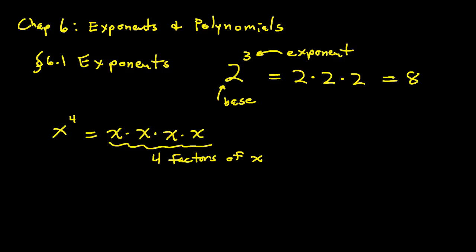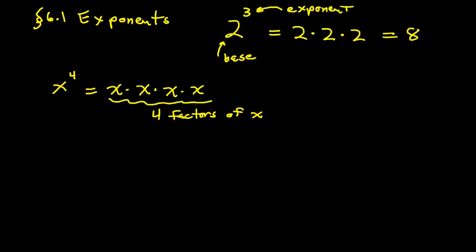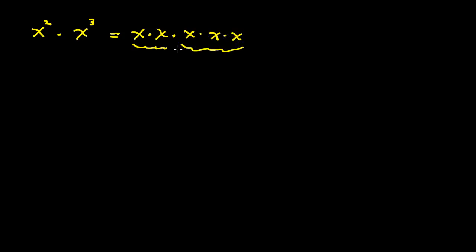Let's investigate the first of our many rules for exponents we're going to talk about today. Let's say I've got x squared times x to the third power. That just means I've got 2 factors of x, that's x squared, times 3 factors of x, x cubed.